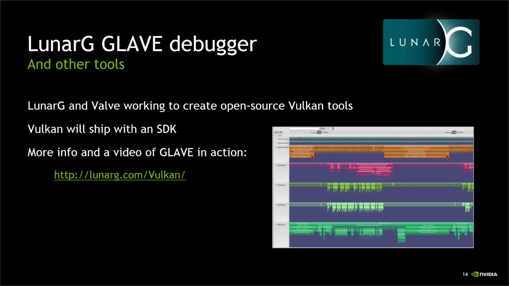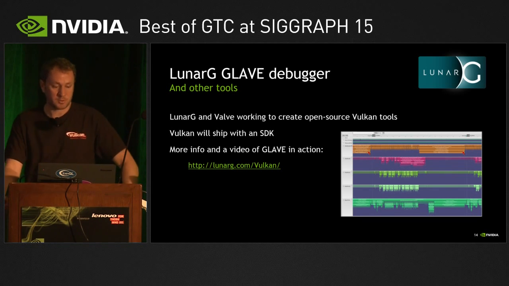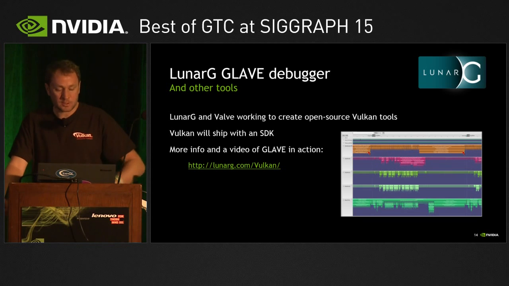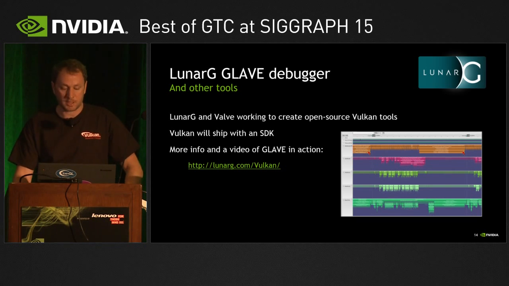These are all tools and layers which are going to be provided by Khronos, and a lot of these are going to be open sourced for the public to see how they work and also to add to and contribute to. If you are curious about the GLAVE debugger, there's a link here to LunarG's website, and they have a good video in there so you can see it running in action.